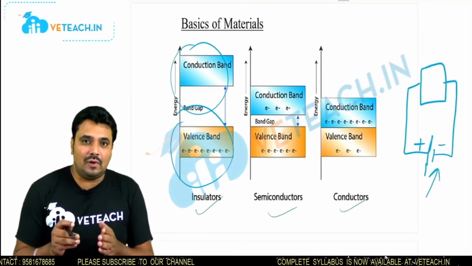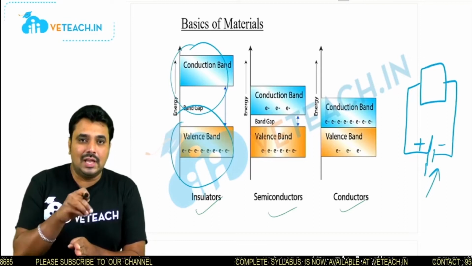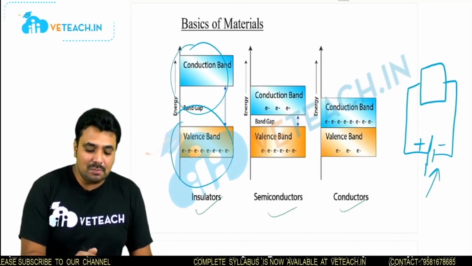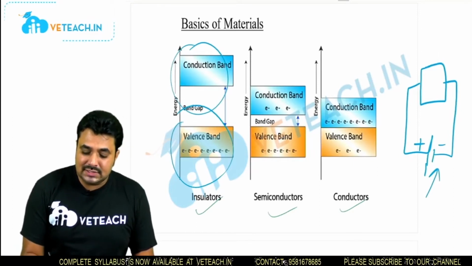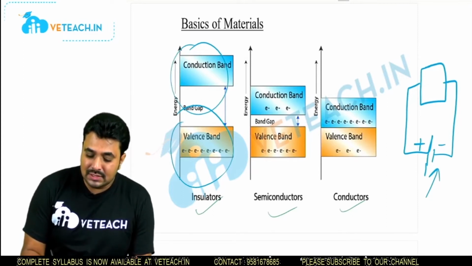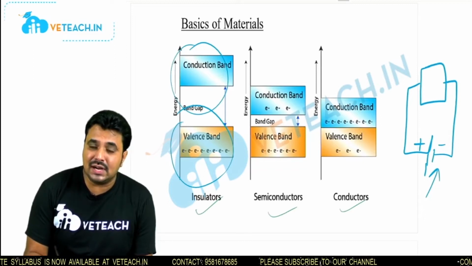If any metal is to be a conductor, or is allowing electricity, it means the conduction band should have some electrons. Coming to the conductor, you can see the differences between the insulator and conductor in the diagram itself. In the conductor, a greater number of electrons are present in the conduction band.